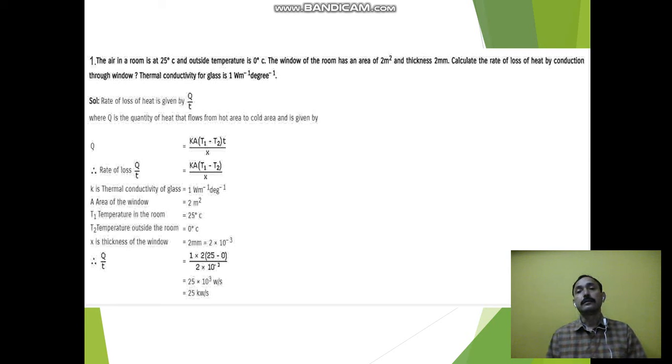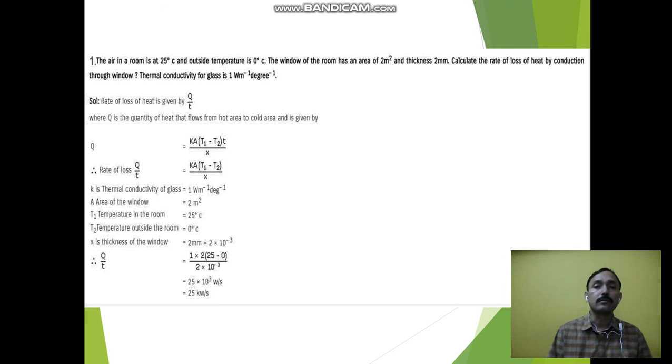Calculate the rate of loss of heat by conduction through the window. Thermal conductivity for glass is 1 watt per meter degree. So the window is made of glass.